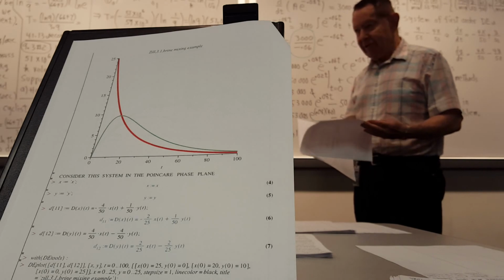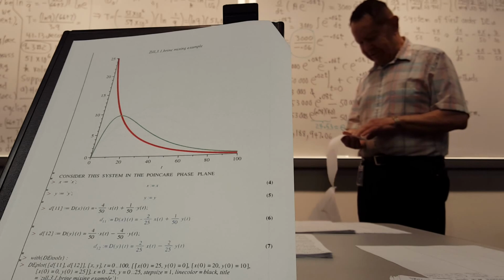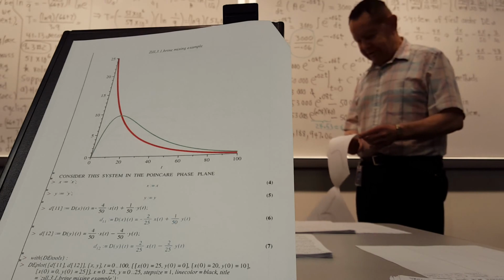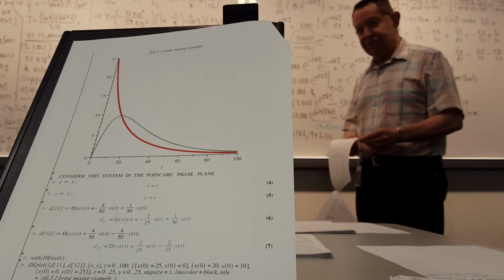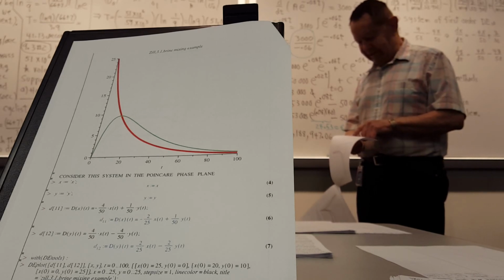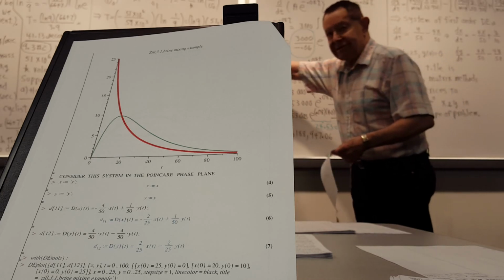And then with DEtools, I do the plot of the two differential equations, and I have different choices of the initial value. The first one I have, x of 0 is 25 and y of 0 is 0. That's what we studied in this problem.